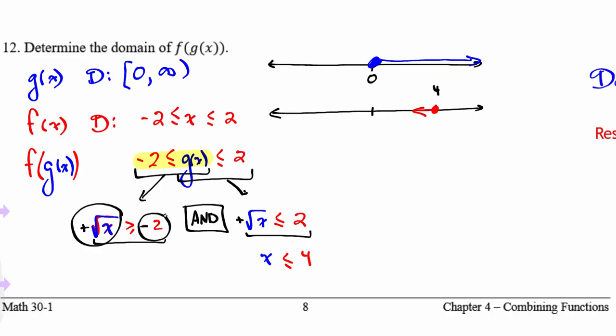So over here, it's almost as though we're saying that x could be any real number because there's no x value that goes into the square root of x that would make this an untrue inequality. So if x could be any real number, but x also has to be less than or equal to 4, then I have this situation that goes like that.